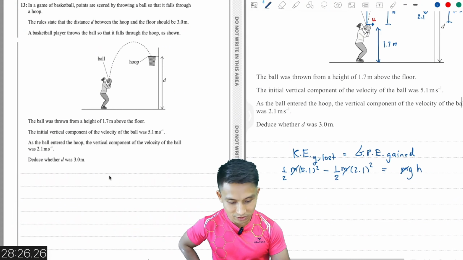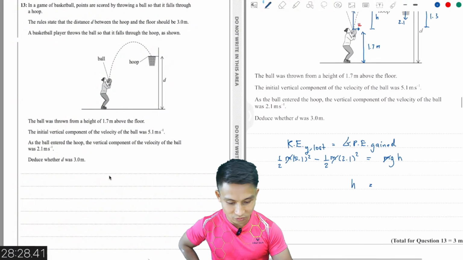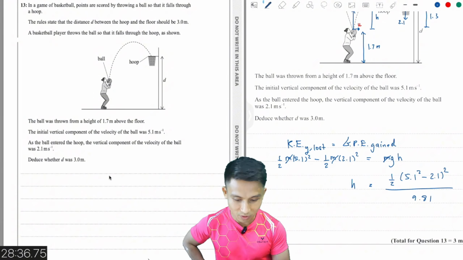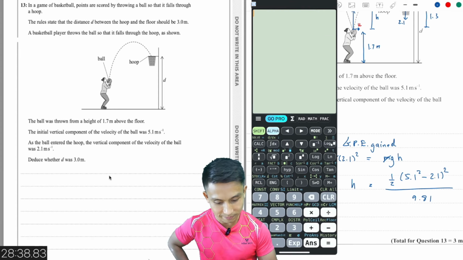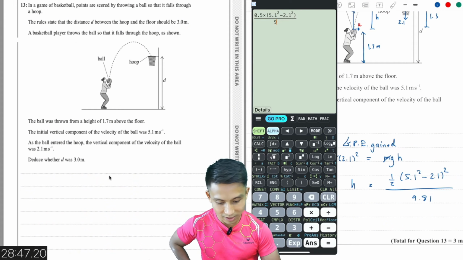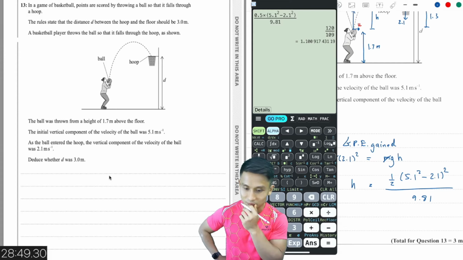So is it true? Well, h equals, if you solve all that maths, it's just 1/2 of 5.1 squared minus 2.1 squared, divided by the g value, which is 9.81. So I'm just going to plug in the whole thing there: 5.1 squared minus 2.1 squared, and then divided by 9.81. Yeah, so that would be the way I go with that.